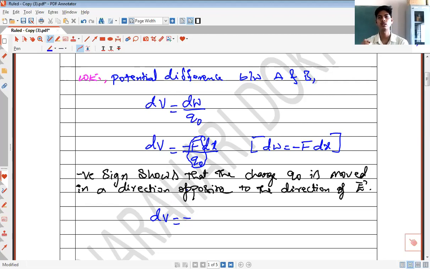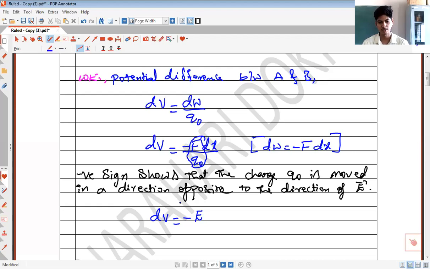Force experienced by a unit positive test charge is the electric field, E.